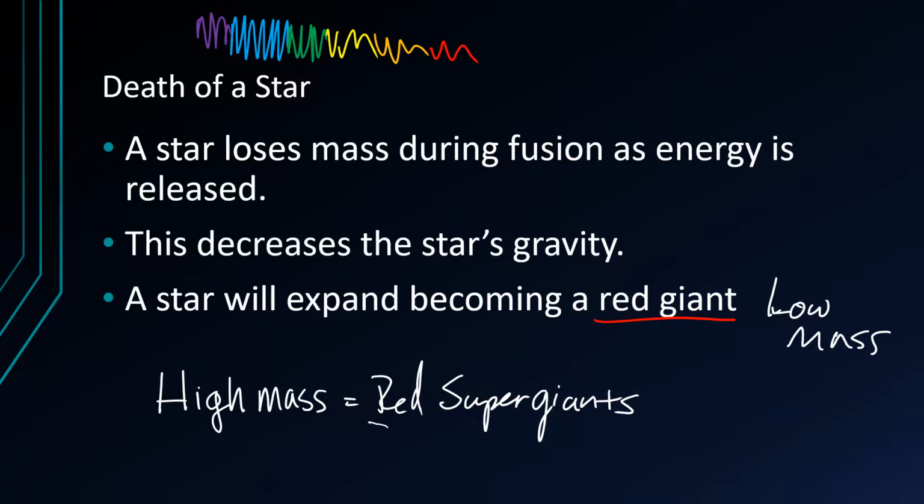So if our star starts out right here and converts to a red giant, that means the surface temperature on the outside is dropping.